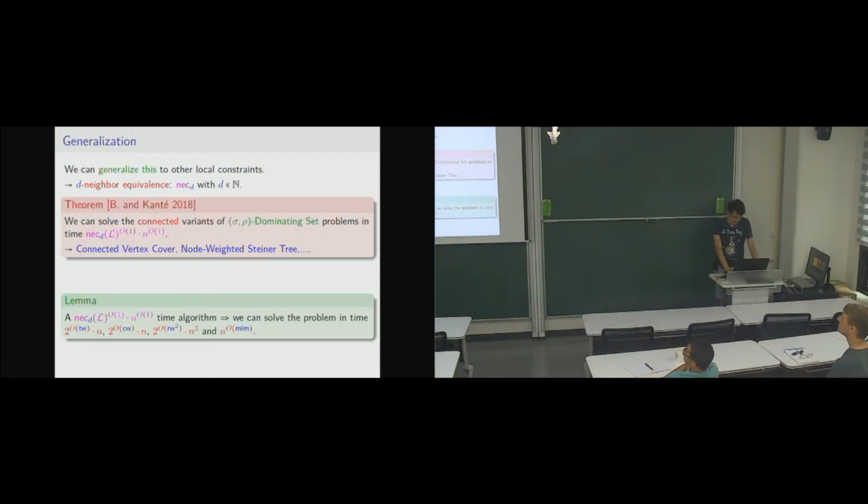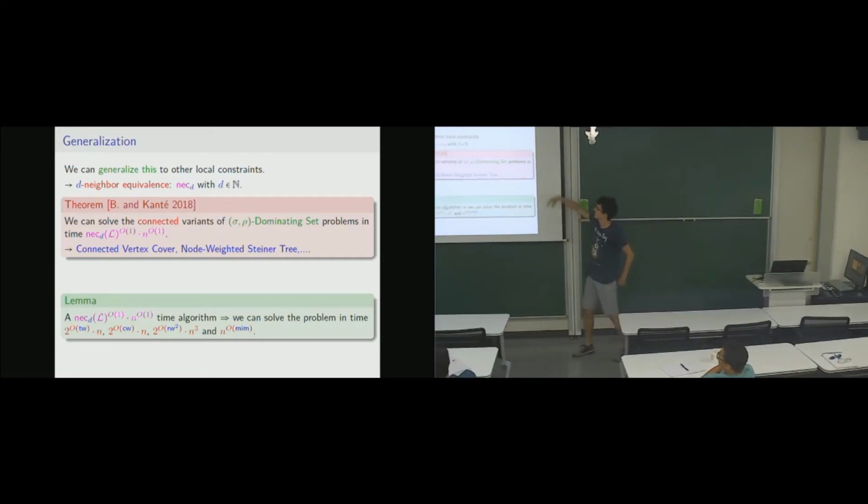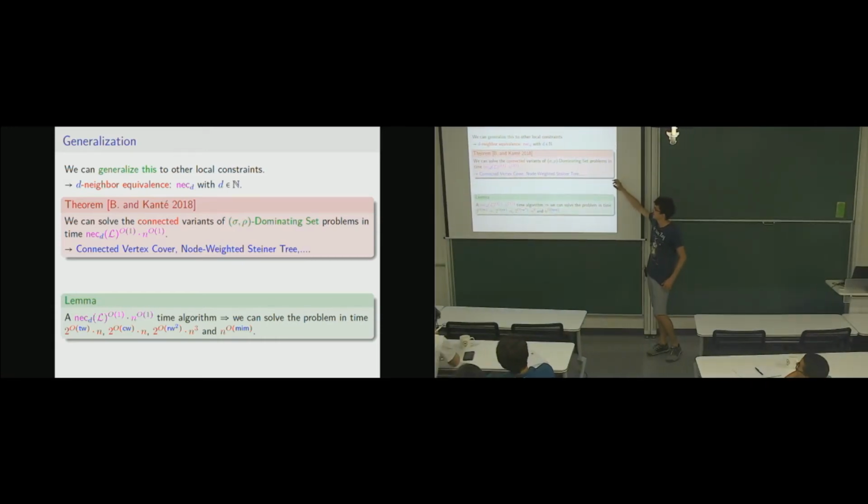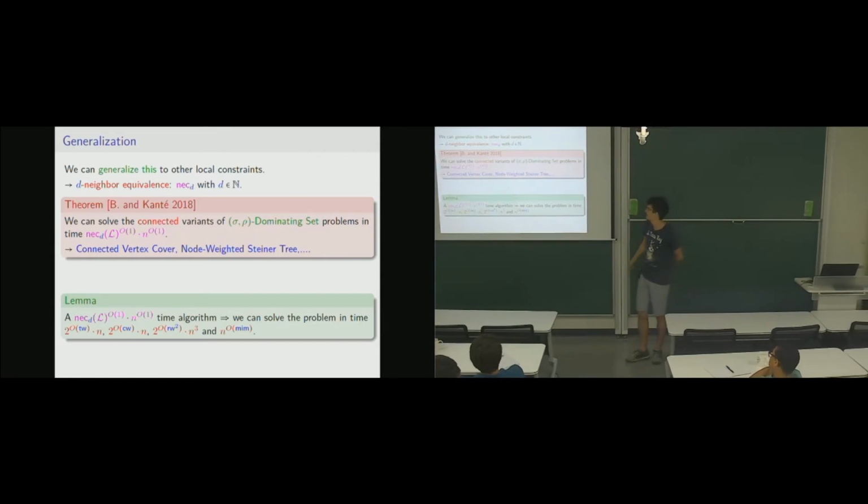And okay, so here it was for connected dominating set. In fact, we can generalize this to other local constraints, for example vertex cover, 2-domination, 3-domination, total domination, and a lot of local constraints. And we prove that for any connectivity variant, where we ask the solution to induce a connected graph, of sigma-rho dominating set problems, which are problems with a local constraint, we have an algorithm with this running time.